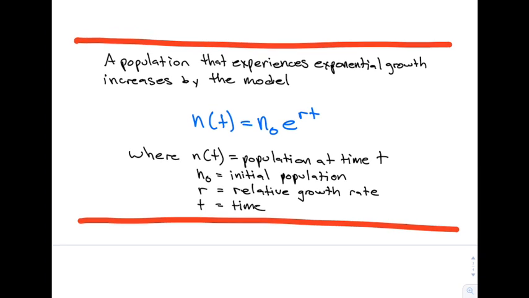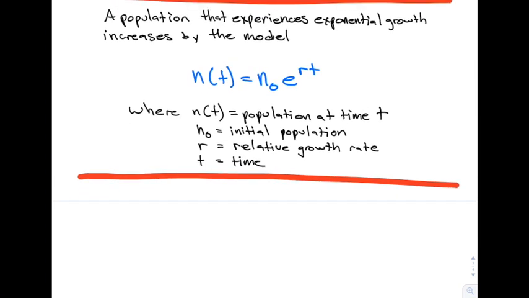So this should look pretty familiar to you. Maybe this looks a little bit like our friend Pert. This is compounding interest at some rate over some time.